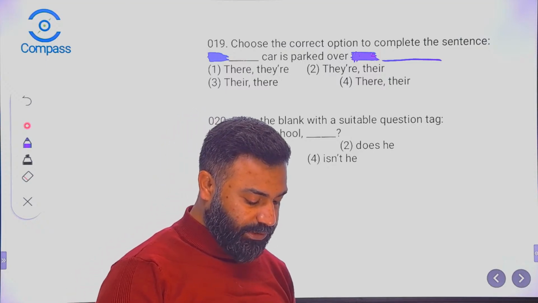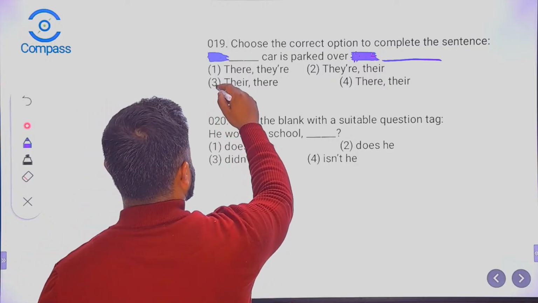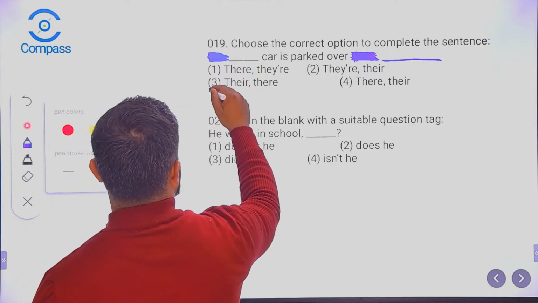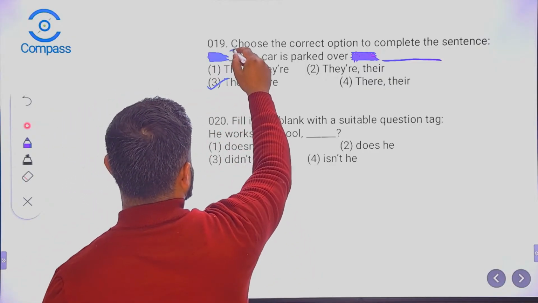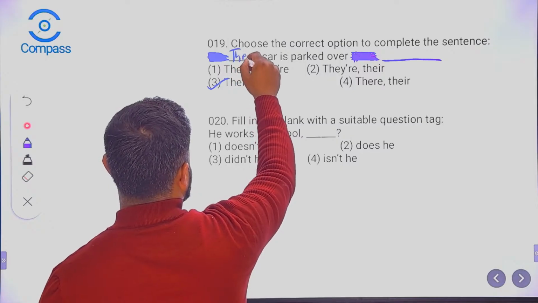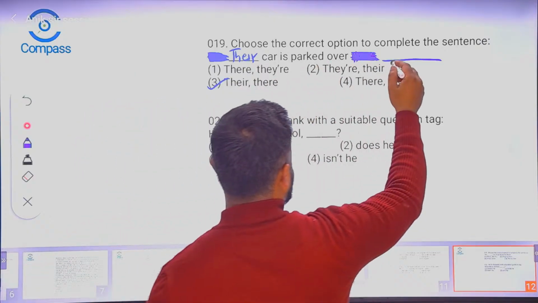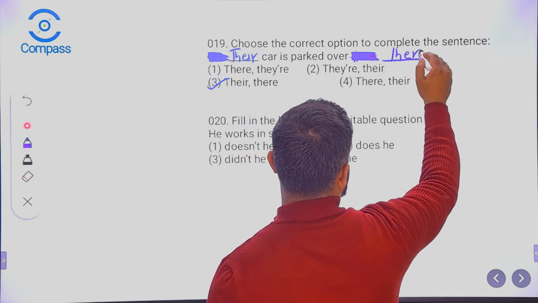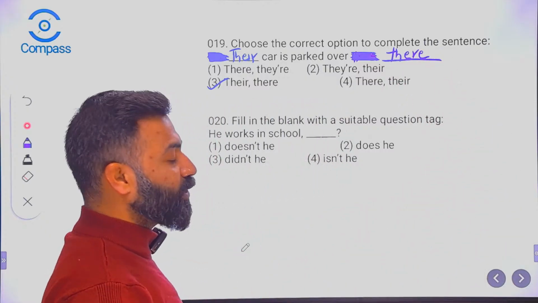Okay, yeah, that's the right answer. Very good. So, their and there. Okay, let me write down here: Their car is parked over there. Fine. So that's the right option.